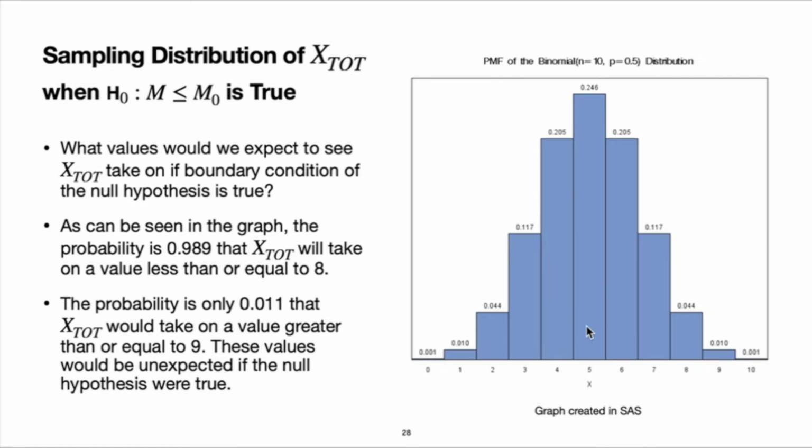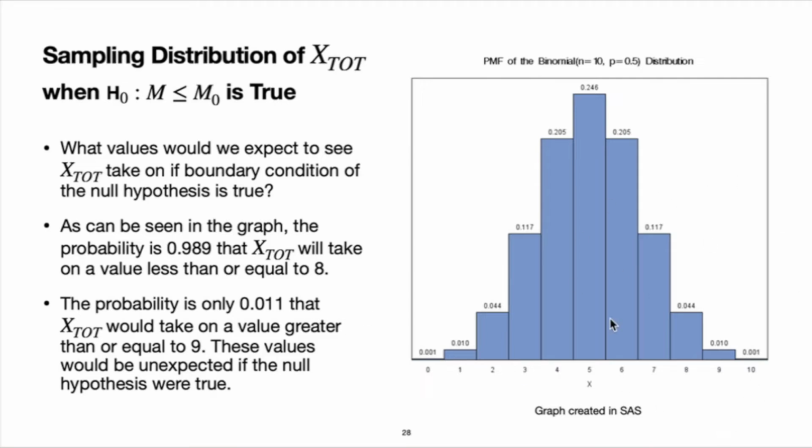The areas of these rectangles give us the probabilities associated with x taking on the values from 0 up to 10. So would we expect x to take on the value 0 if the boundary condition were true? Well, probably not, because its probability is 0.001. Would we expect to see a value of 10 if the null hypothesis were true? Well, probably not, because the probability of that is 0.001.